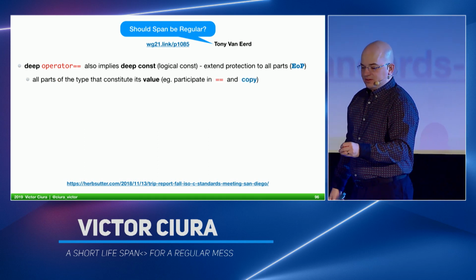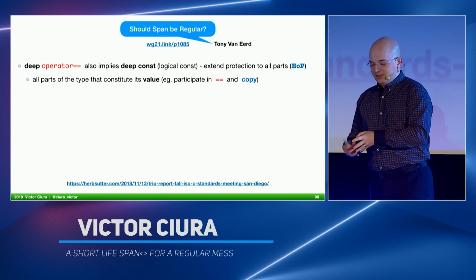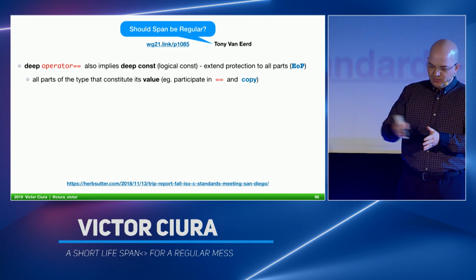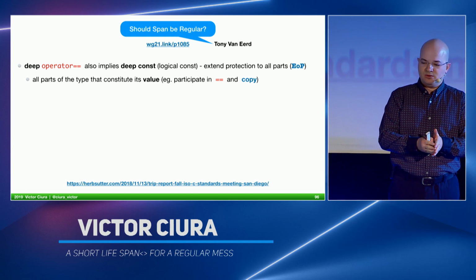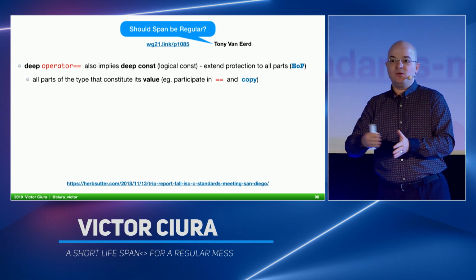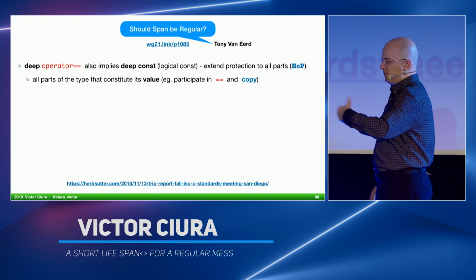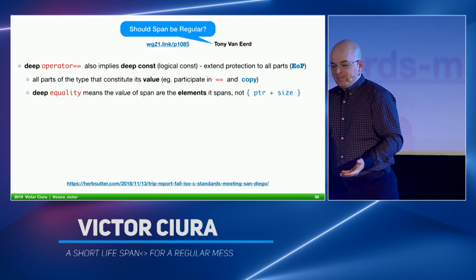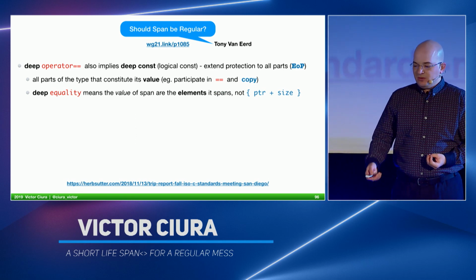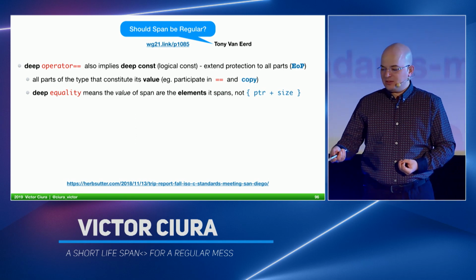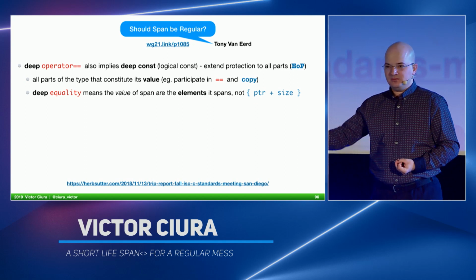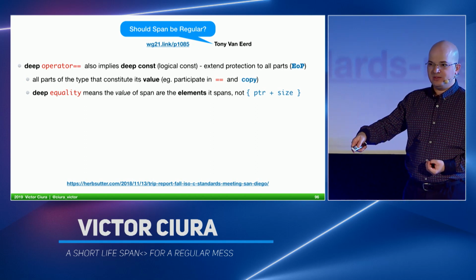All parts of the type that constitute its value, that is, all the parts that we copy when we define a copy operator, must participate in equality so that we have consistency. After we assign, we can compare for equality. Deep equality means the value of the span is the elements it spans, not what it's defined in, like the pointer and size.